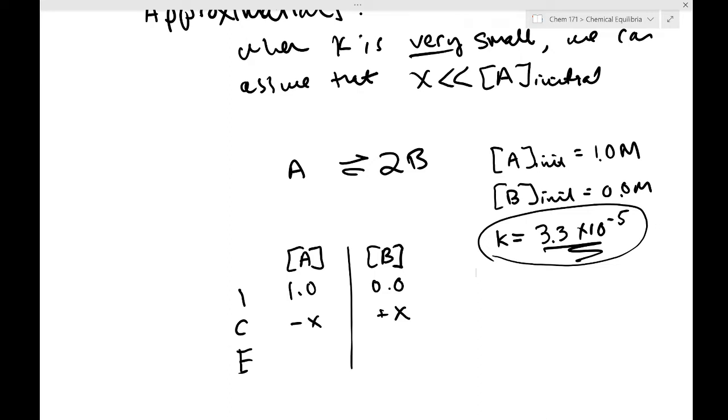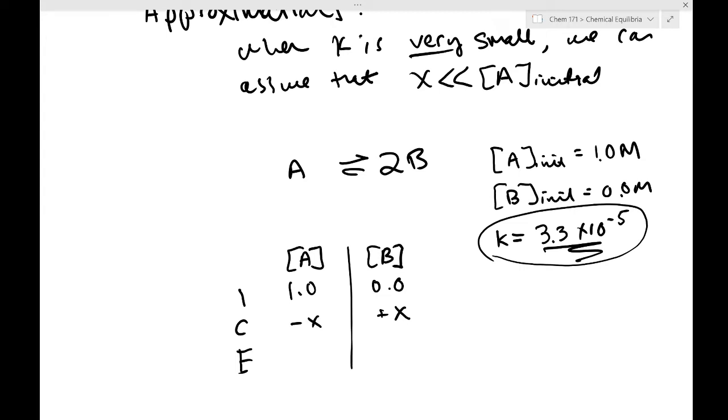Okay, let's continue. So we have this amount of A that gets taken away from A, negative x. That's how we represent it. Now, if we remember what the equilibrium constant is telling us, it's giving us the amount of products that we have divided by the amount of reactants.